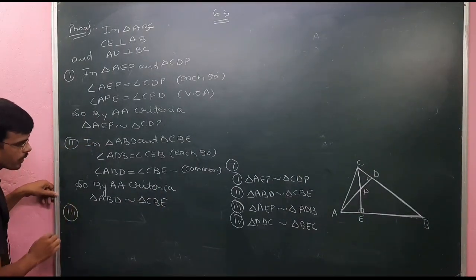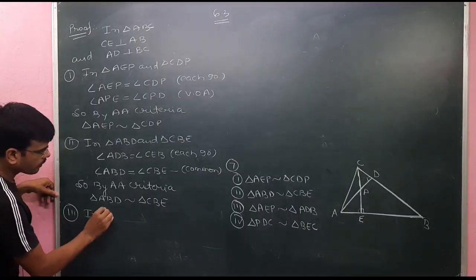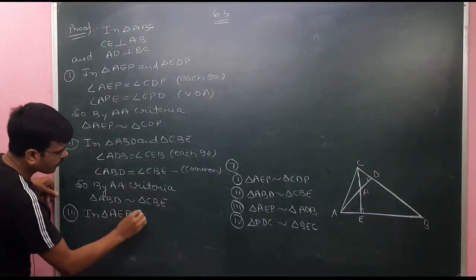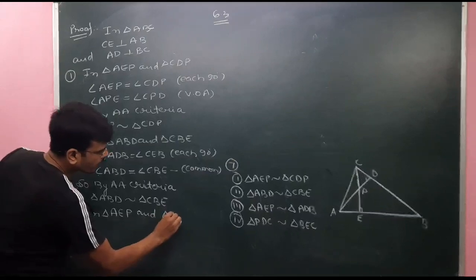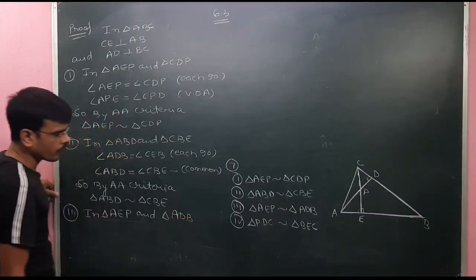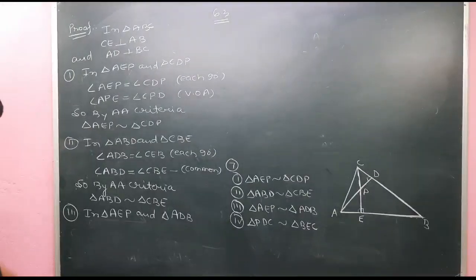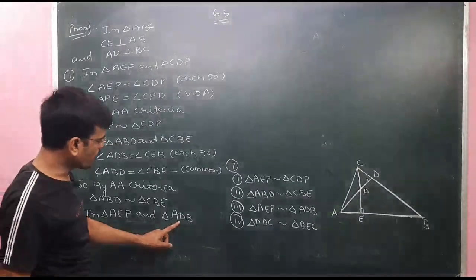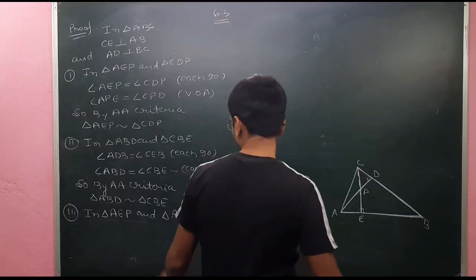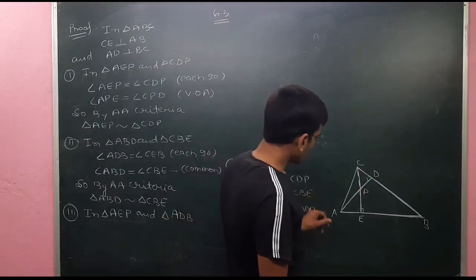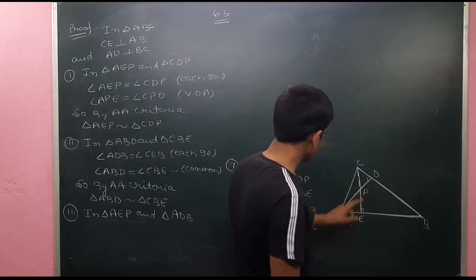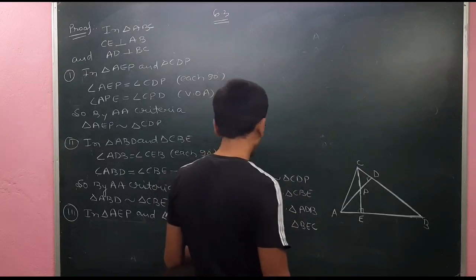Now see number third, in triangle AEP and triangle ADB. Here you have to prove that triangle AEP is similar to triangle ADB. So take both triangles, AEP is similar to ADB.